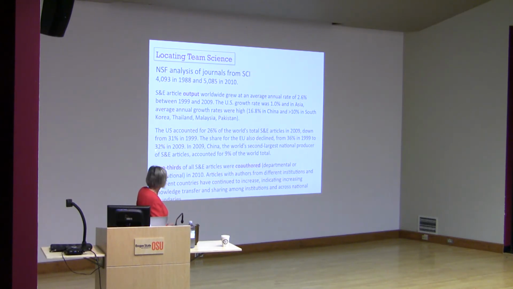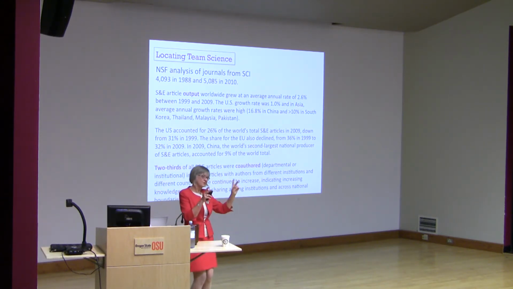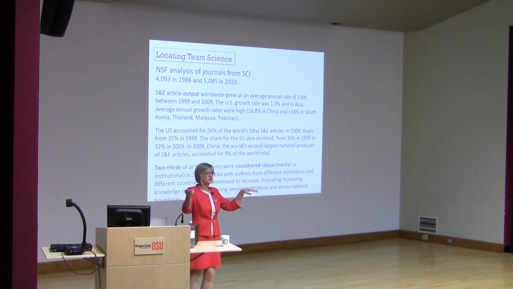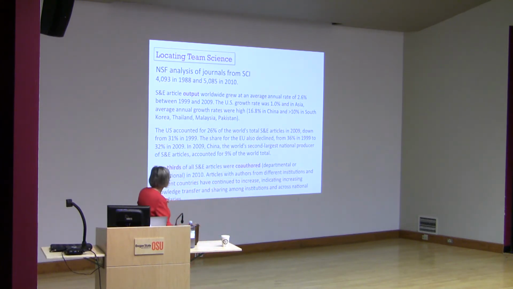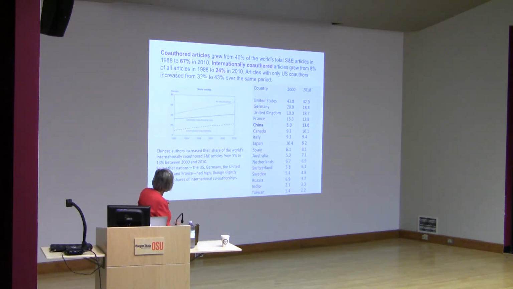If you look at the overall output of co-authored articles, and co-authored means they are from two different institutions, they have grown tremendously. In the world, those articles grew from 40% to 67%. And internationally co-authored, and again co-authored means different institutions, grew from 8% to 24%.